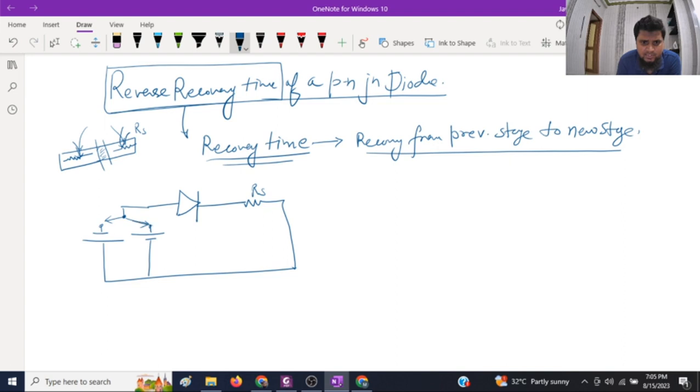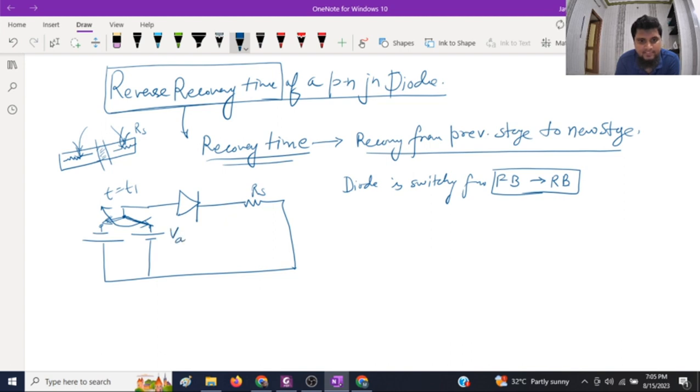So let's assume this was already connected with the forward bias, and then it is being connected with reverse bias. Then in that case we will say that the diode is switching from forward bias to reverse bias. So at t equal to t1, let's assume this is done. Earlier it was forward bias of VA and then a reverse bias of VR.